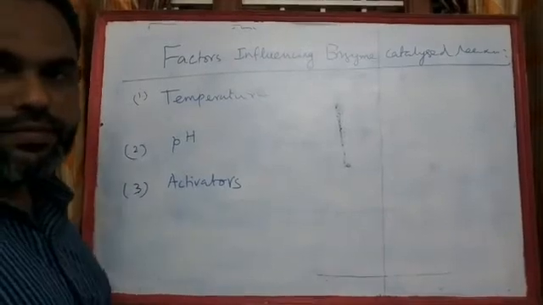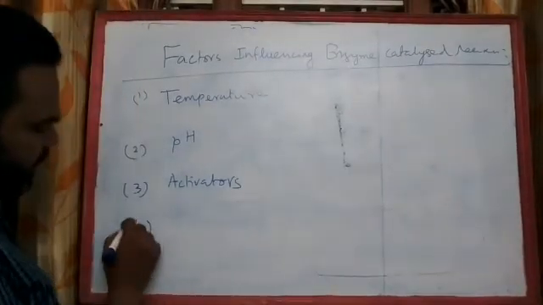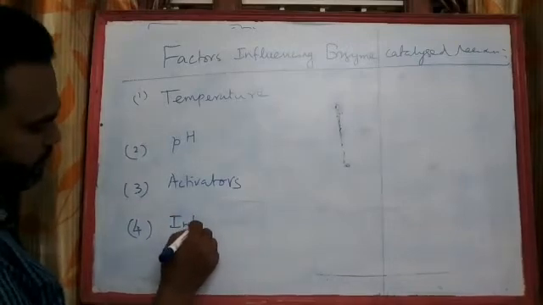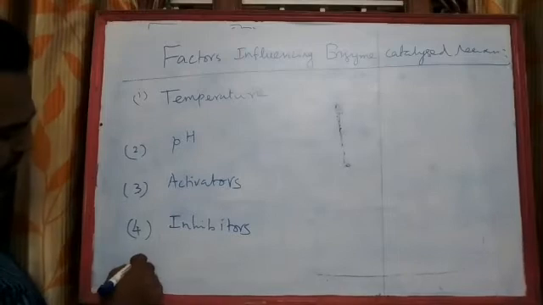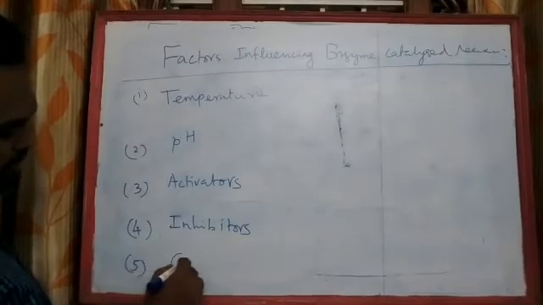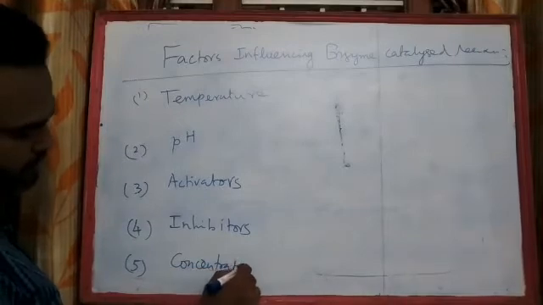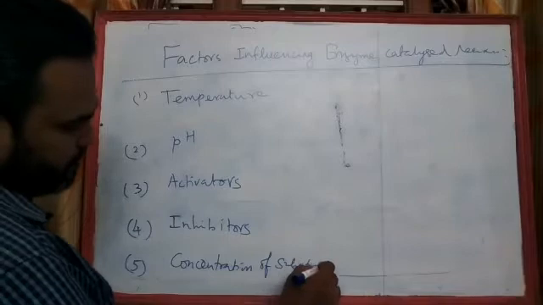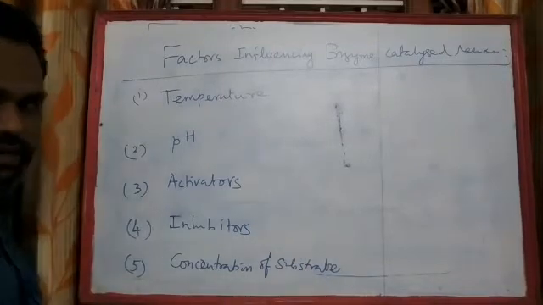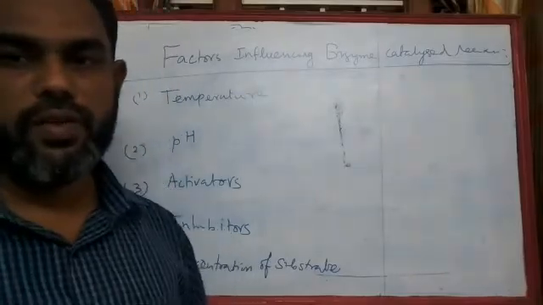And the fourth one is called inhibitor, and the fifth one concentration. So let us briefly discuss these factors one by one.